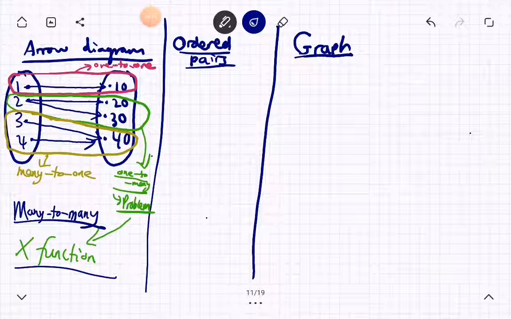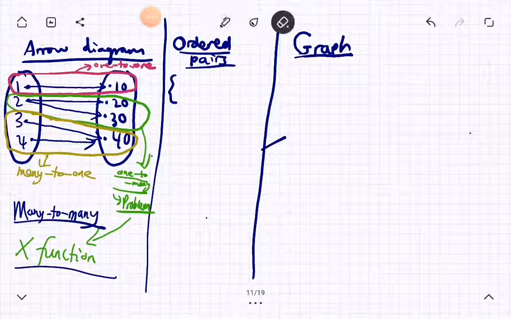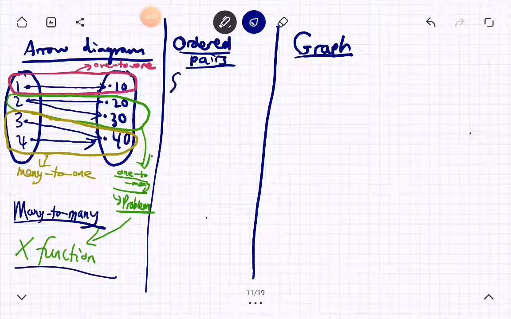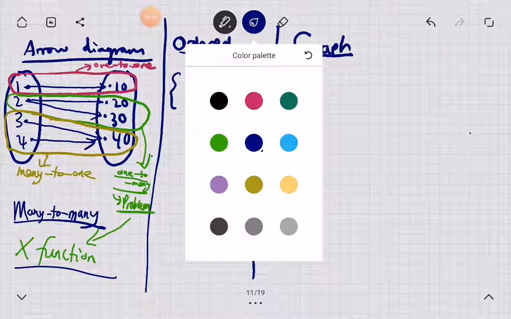Now we can write this in different ways. Another way for us to write it is through coordinates. We can express each individual arrow as a coordinate, and then we can put all of this in a set. So let's open the set first. We have our brace. Let's do it by color.